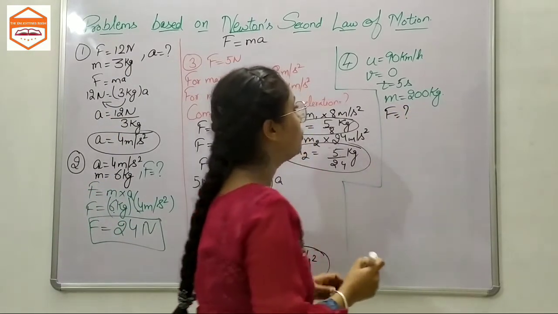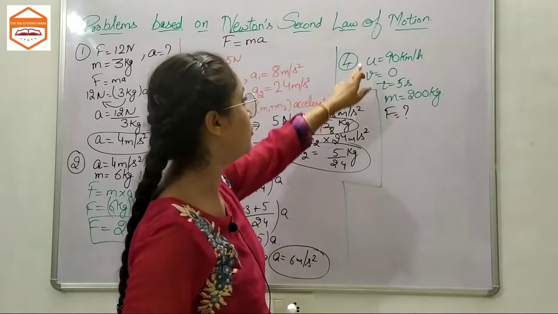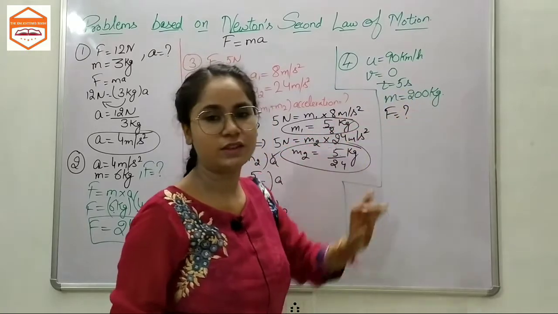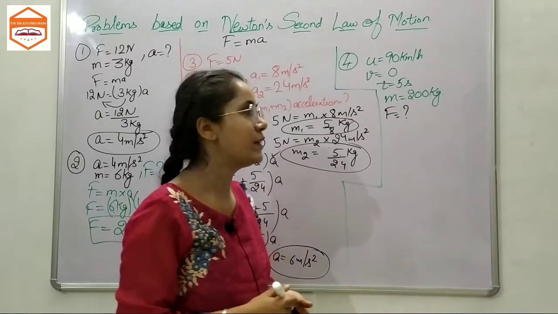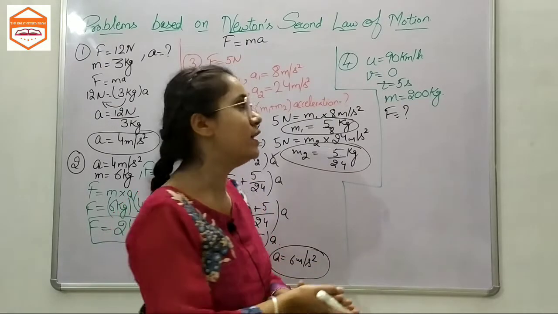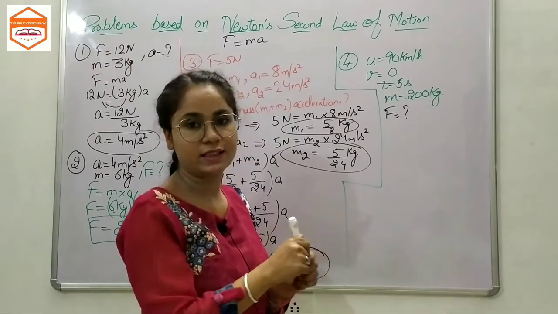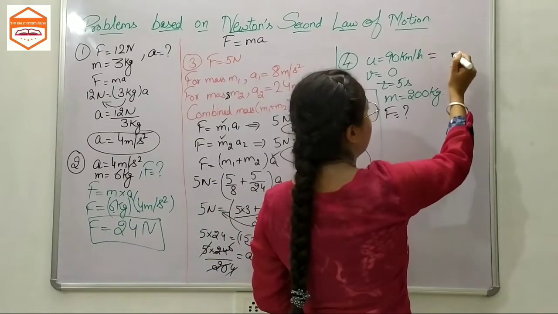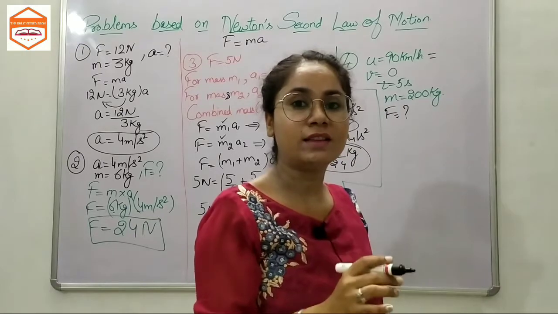So before that, if you notice, our first value is not according to the units of the other values. So we need to convert it into meter per second, into SI units. So we already have it in kilometer per hour. So you know that in 1 kilometer there are 1000 meters.